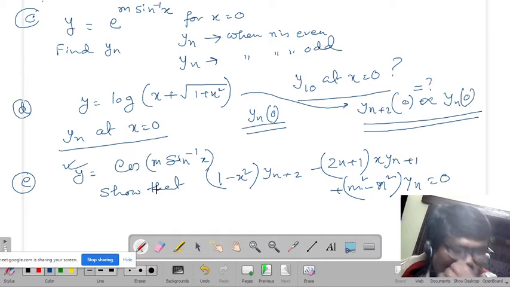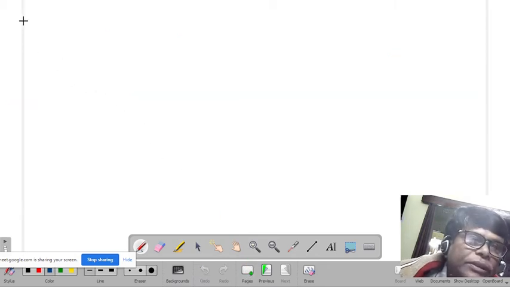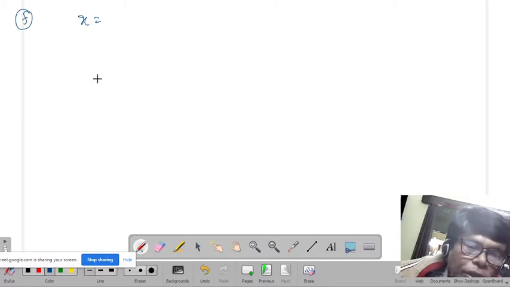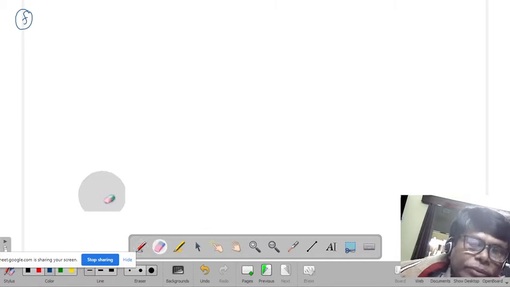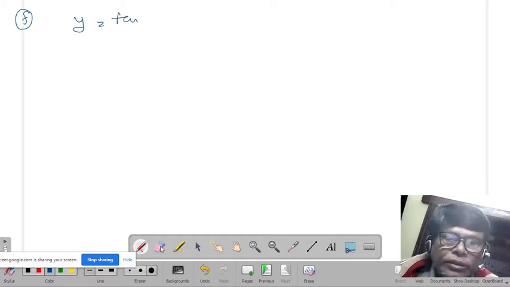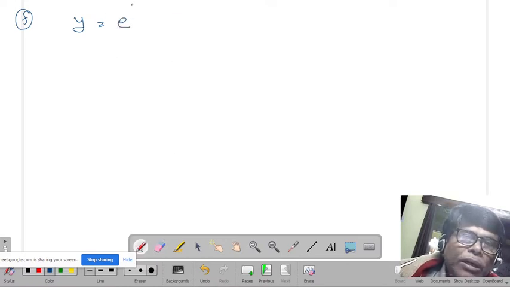Then next page. This is (f): y is equal to e to the power tan inverse x.